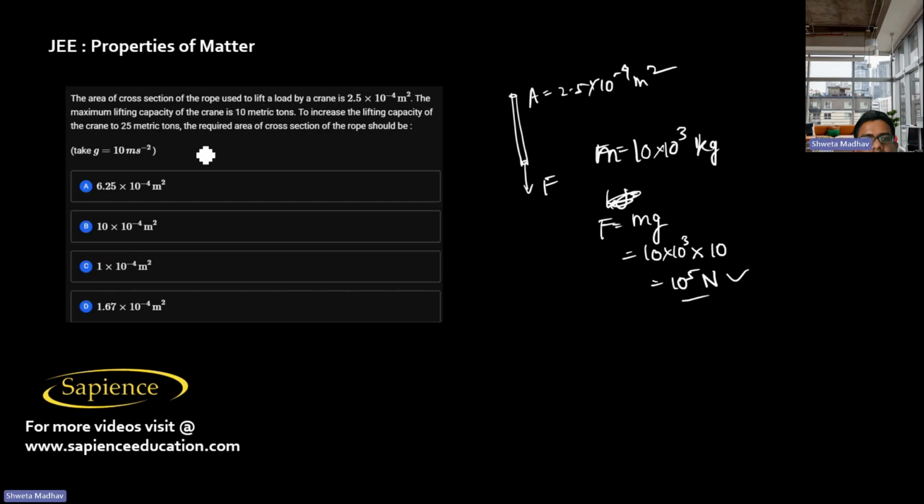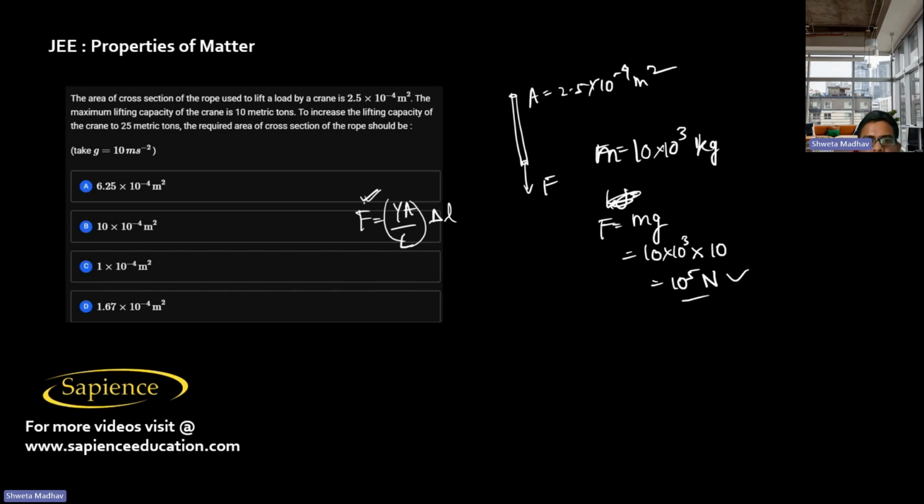To increase the lifting capacity of the crane to 25 metric tons, the required area of cross section of the rope should be what? So we know that force is equal to YA by L into delta L. Now, if F will change, this delta L should not change.